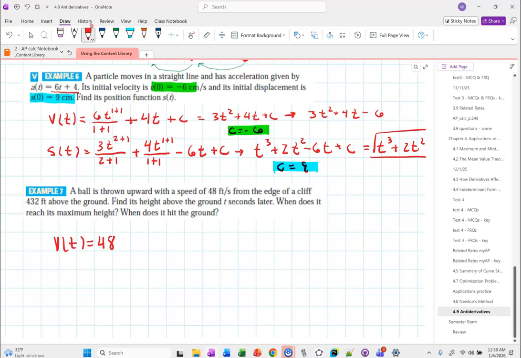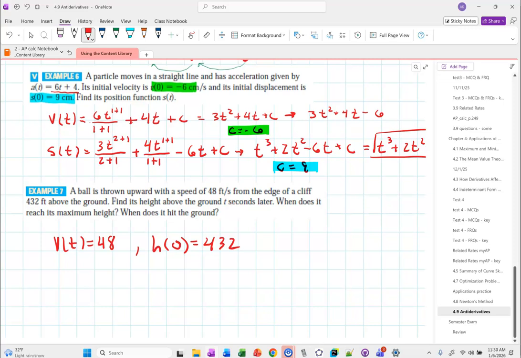What is that piece telling us? Let's do H, I guess, for height. H of 0 is 432. Why is it 0? Because that's at the start, right? A ball is thrown upward. Yes, 100%. Does that feel good?